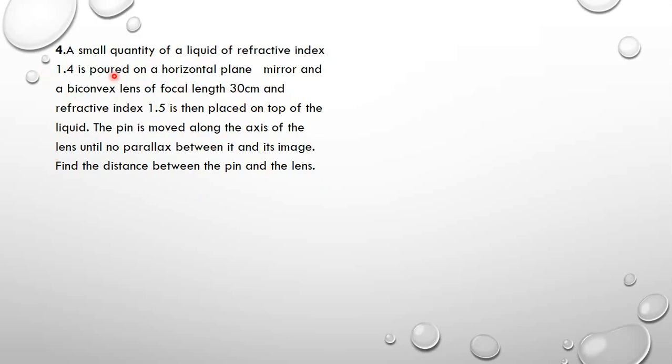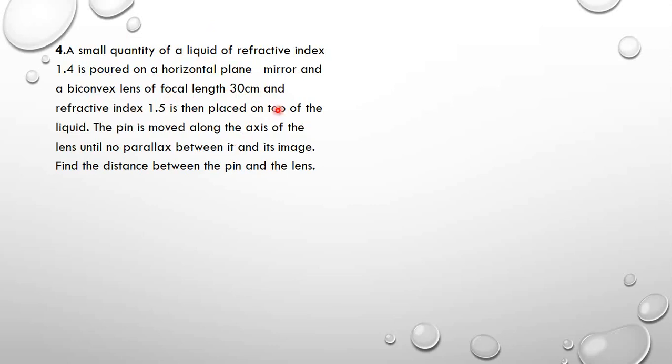Now let us first see the information given. They've given us the refractive index of the liquid, and they've also given us the refractive index of the biconvex lens and the focal length of the biconvex lens. I need the focal length of the liquid lens in order to get the focal length of the combination.